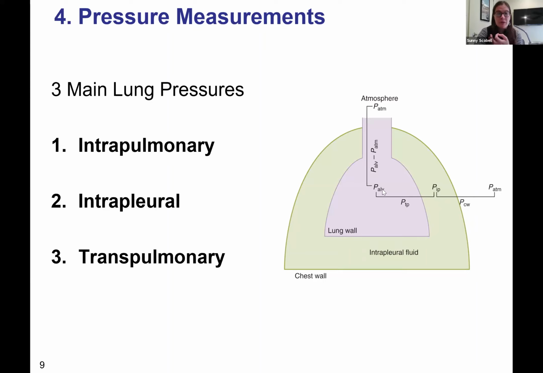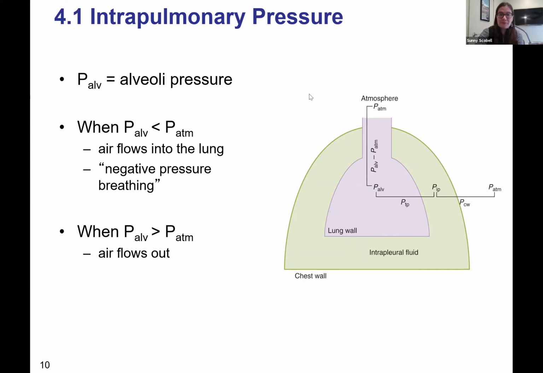That's the intrapulmonary pressure, P alveoli. The intrapleural pressure is here, the pressure that's inside that fluid-filled sac. And then transpulmonary is going to be across the lung wall. And like I said, we're also going to talk about the pressure across the chest wall. So let's dig into these a little bit more.